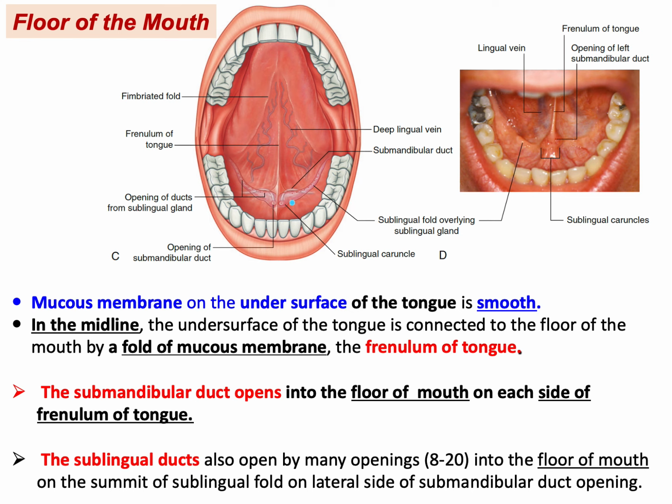So these are the openings of ducts from the sublingual gland. So now we mentioned the submandibular duct and gland, and now we have the sublingual gland and openings. They are between 8 up to 20 on each side.